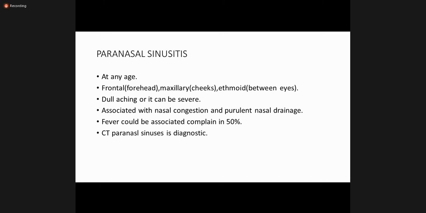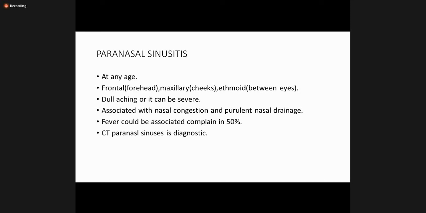There may be an association of fever, nasal discharge, nasal congestion, or purulent nasal drainage. So whenever you think of sinusitis, go for X-rays of the paranasal sinuses, or the confirmatory investigation is CT paranasal sinuses, in which you can look and confirm there is inflammation or any fluid-filled spaces in the sinus.